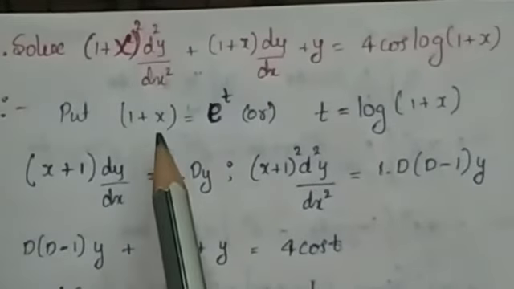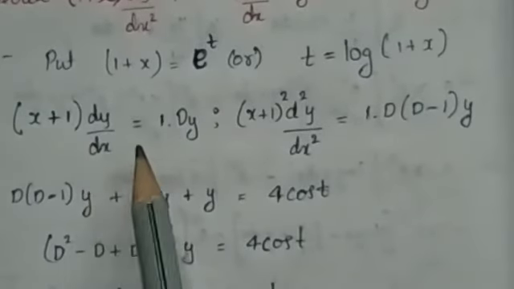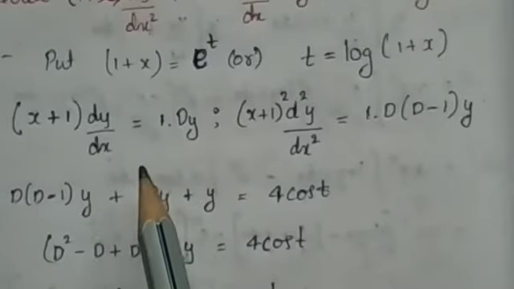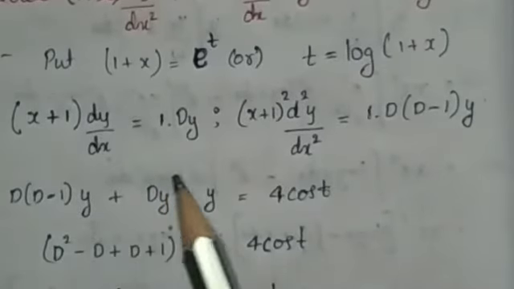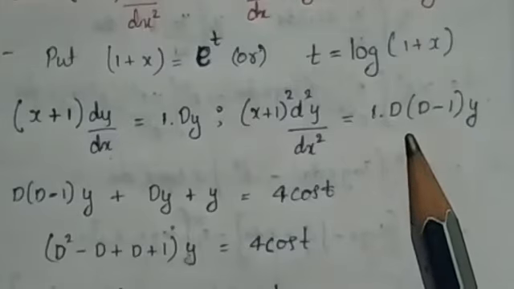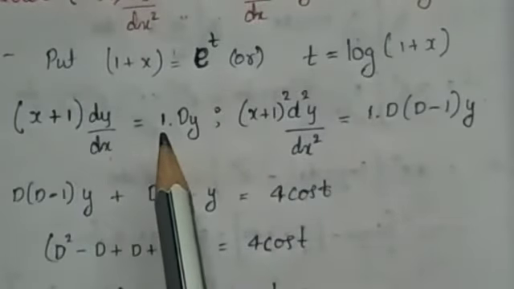So what you get: (1+x) dy/dx can be written as 1 into Dy, because (ax+b) dy/dx can be written as a Dy. What is the value of a? The value of a is 1.